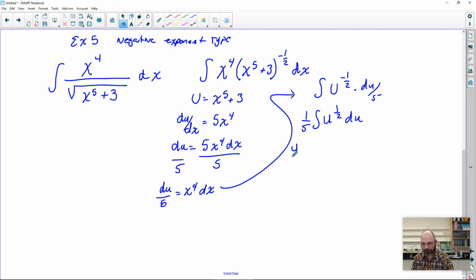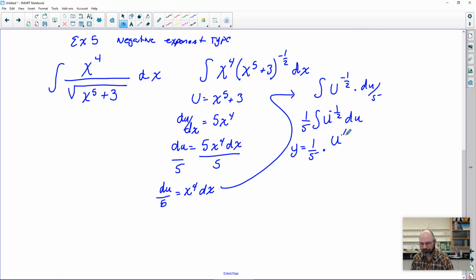So y equals 1/5. We're going to add 1. Or sorry, this is negative. Pardon me, almost forgot the negative in there. So that's -1/2 plus 1, which is +1/2.